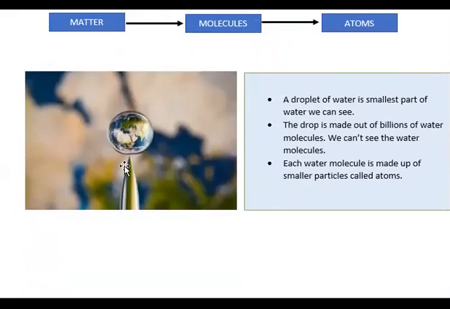If we have a droplet of water over here, we know it's the smallest part of water that we can see with the naked eye. But this drop is made out of billions and trillions of water molecules. Obviously we cannot see these water molecules. Each water molecule is made out of even smaller particles called atoms.